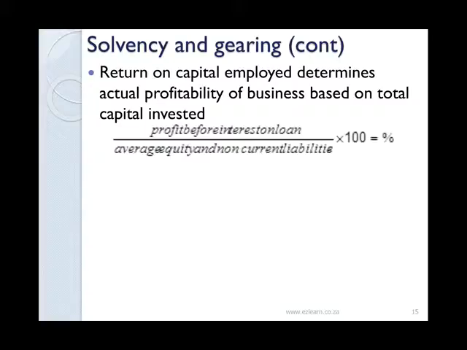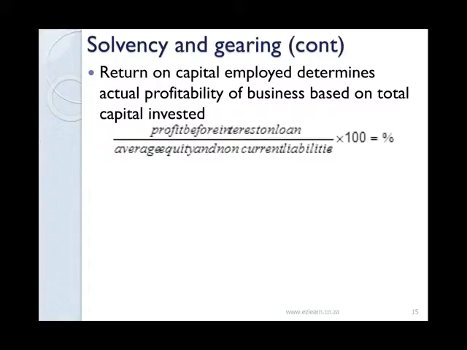This is because you need to look at the business and assume that there was no money borrowed, or say, if there were no loans, what would the return have been? So that is why we will use our profit before tax and add back any interest on loan.